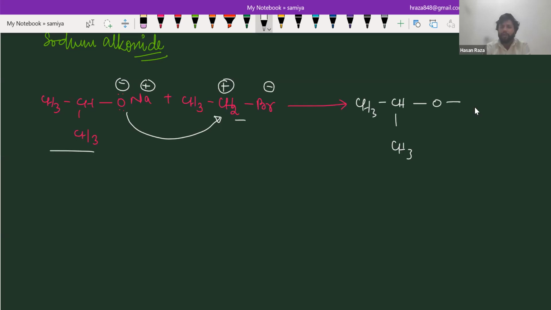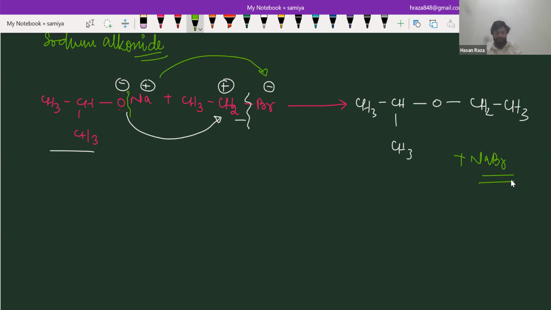This bond will be broken, between this, and then Na will combine with Br and form NaBr. It's so easy. What is the problem? Where is the problem?